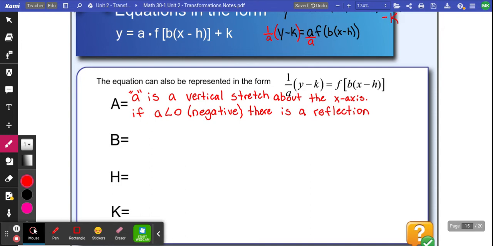The x-axis. A reflection about the x-axis. The y value goes from positive to negative, meaning you've gone to the other side of the x-axis. The y values are changing.